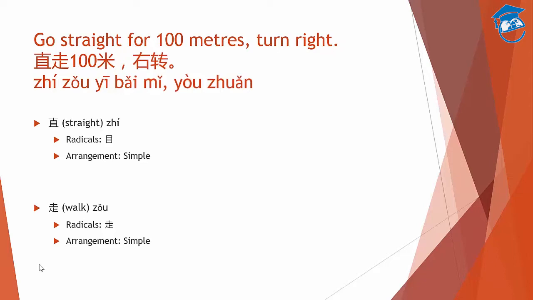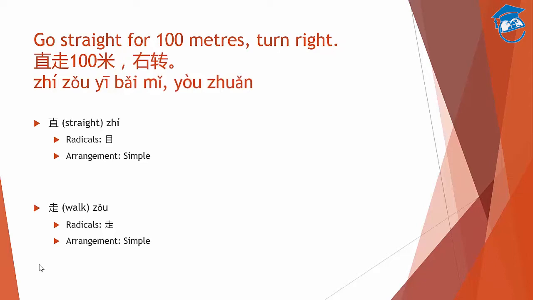but 去 in Chinese, it is very commonly used as in you are going somewhere. There is a definite destination. But for directions, you are asking people to walk over there. So it is more commonly that people will say 直走100米, go straight for 100 meters.